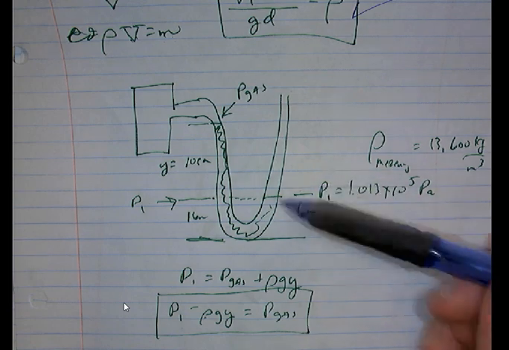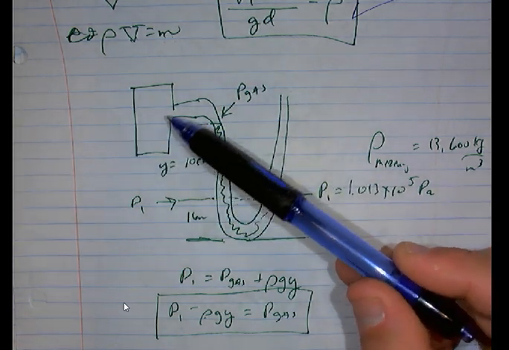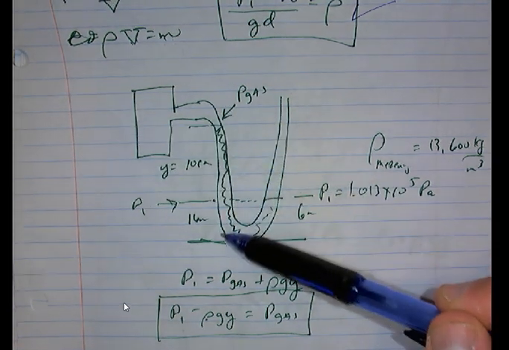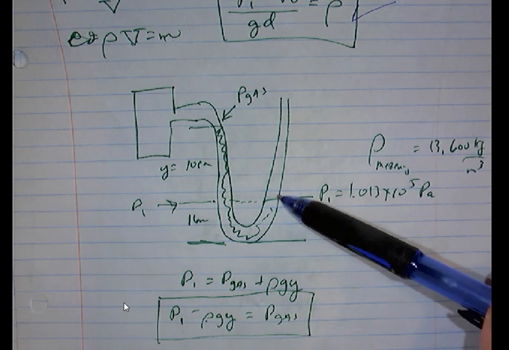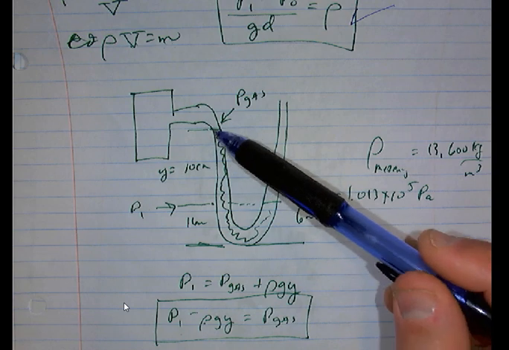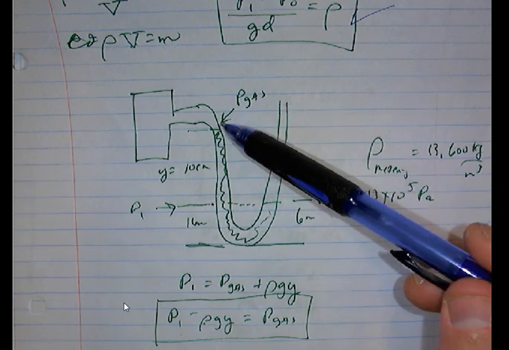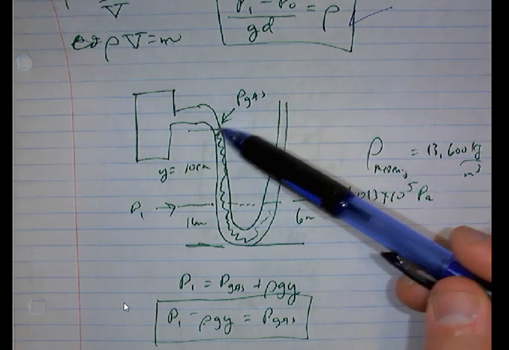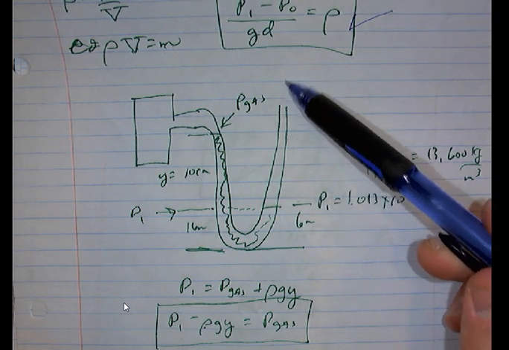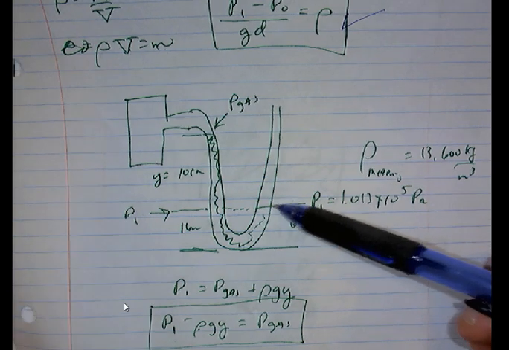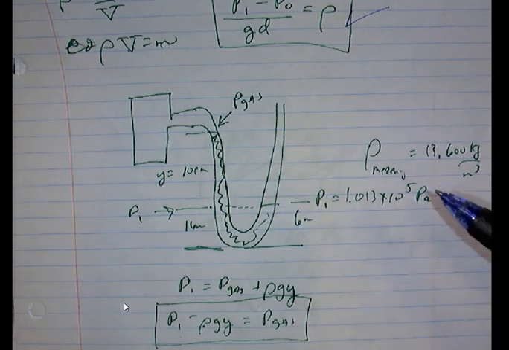Okay, so I've reproduced the drawing here. Here's the gas. Here's mercury in the tube. Again, the gas pressure is going to be less than the atmospheric pressure because the tube is lower here than it is over here. So the pressure at this level would be the gas pressure here, P1, I'm just calling it P1, you can call it whatever you want. This is open to the atmosphere, so this is atmospheric pressure.